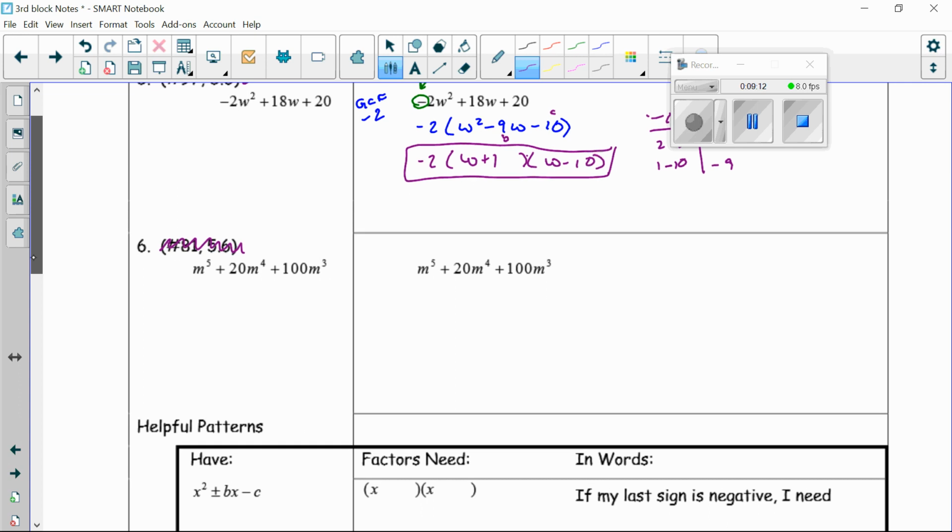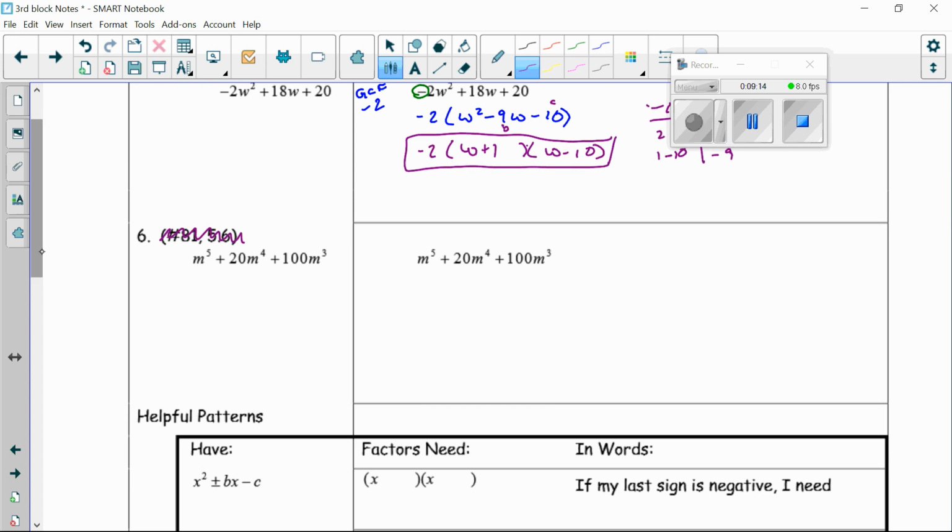All right, so again, always starting with your GCF here. My GCF is m cubed, which leaves me then with m to the second. When we divide, we subtract, plus 20m plus 100. So same thing as before, this now trinomial needs to be factored.